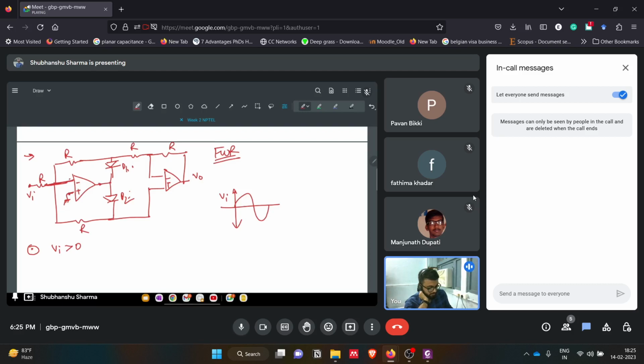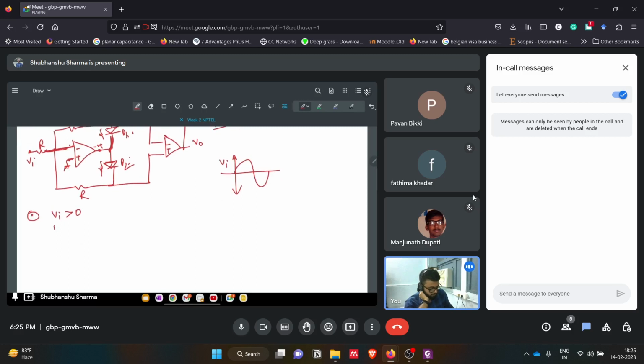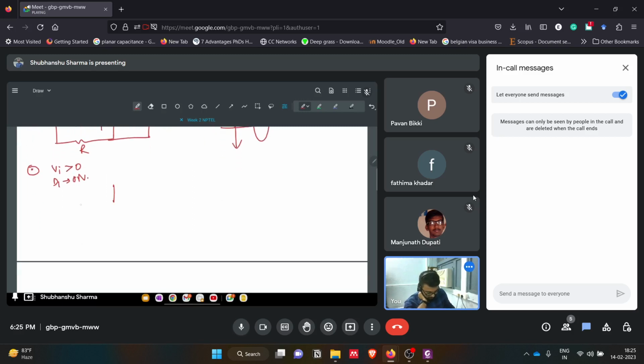Since this is in inverting configuration, the output voltage will be negative. It will make D1 on, but D2 will be off, because D2 needs a positive supply to overcome its reverse bias. So D1 will get on, and we will have a circuit like this.